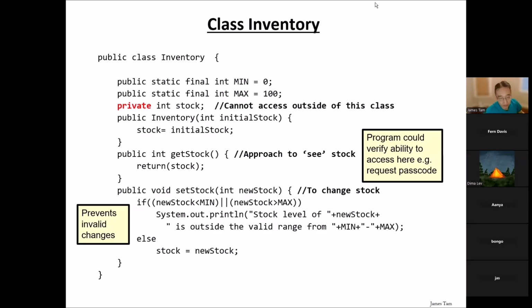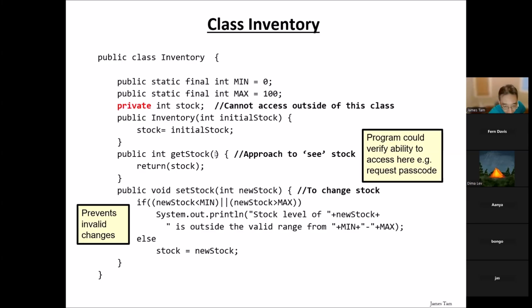Another thing I thought about since the last time I taught the course is that I never said anything about the accessors, I only briefly mentioned this. By having an accessor, if there's no problem with any user of the inventory software seeing it, then fine, we just return it.